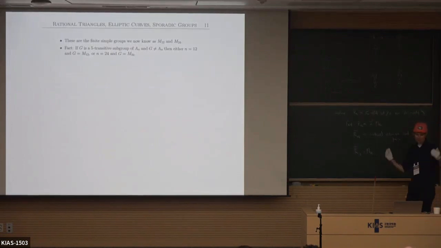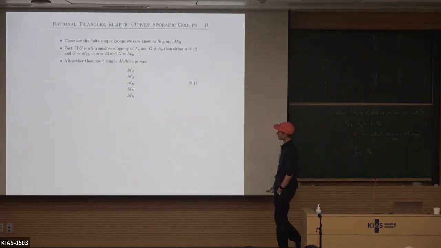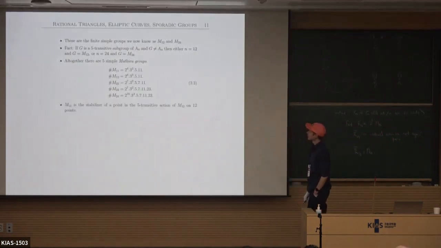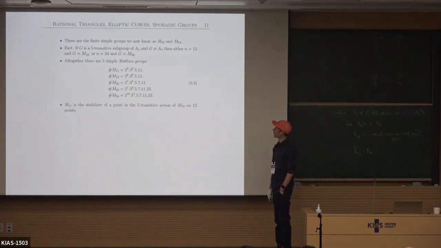So now everybody knows one sporadic simple group. There are 5 groups known as Mathieu groups. Because if you take M12 and fix a point, then the group you get turns out to be simple again.